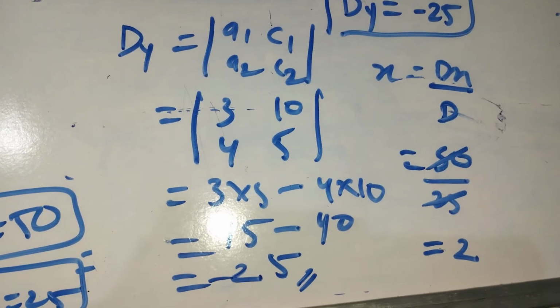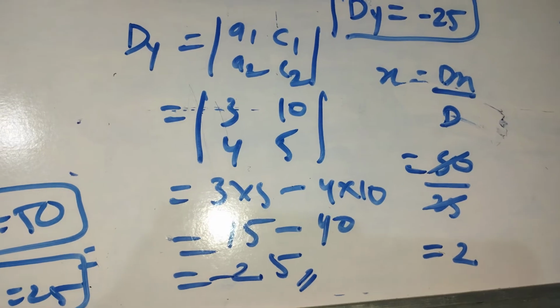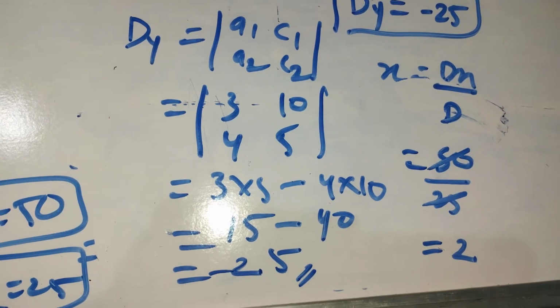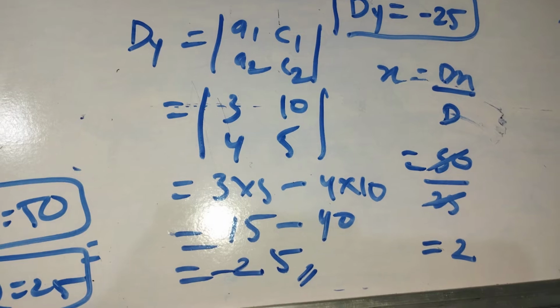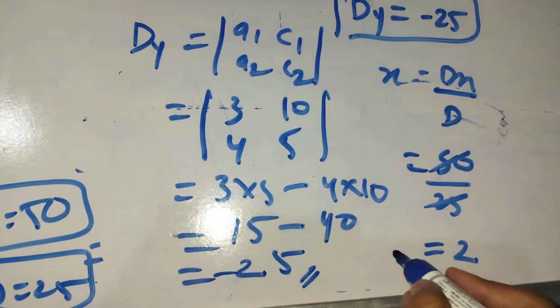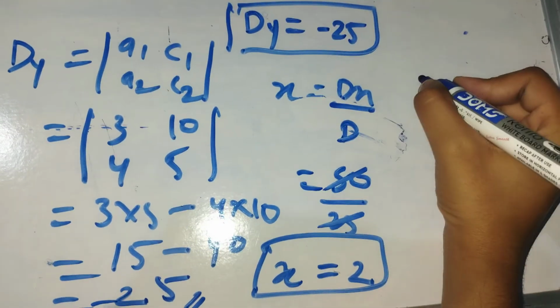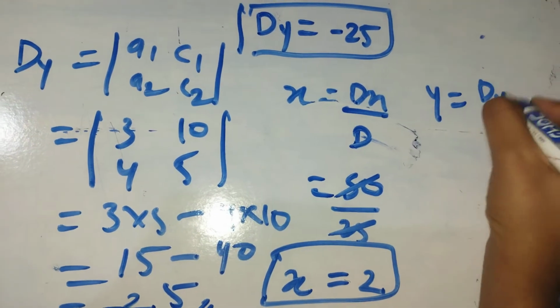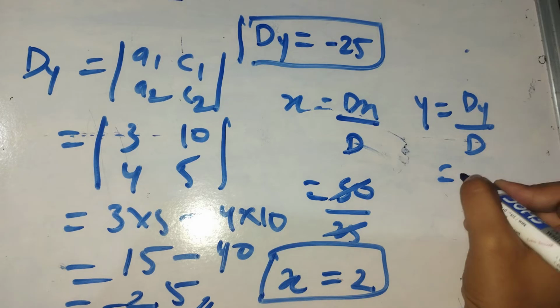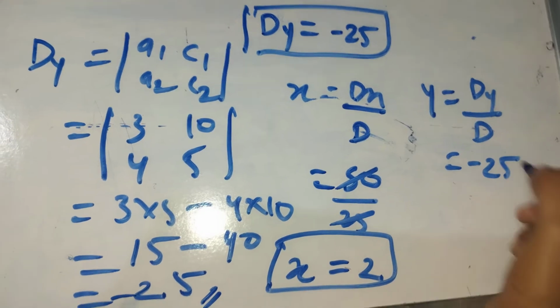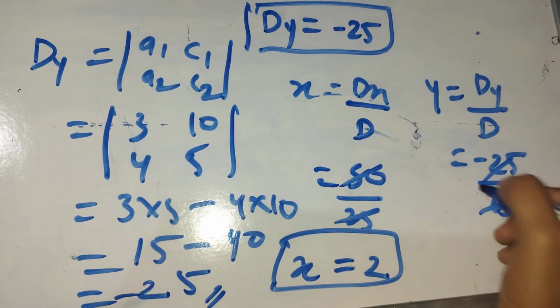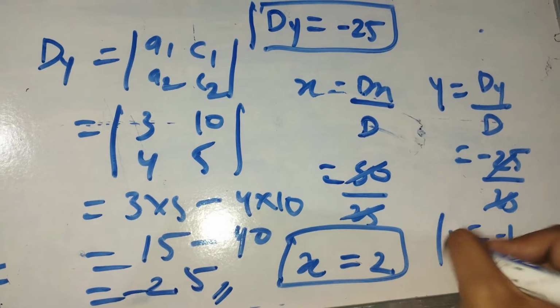You can simply divide with the table, but I directly divided because I know the 25 table. So now we find the y value, which is dy by d, and we have the dy value minus 25, so minus 1 is our y value.